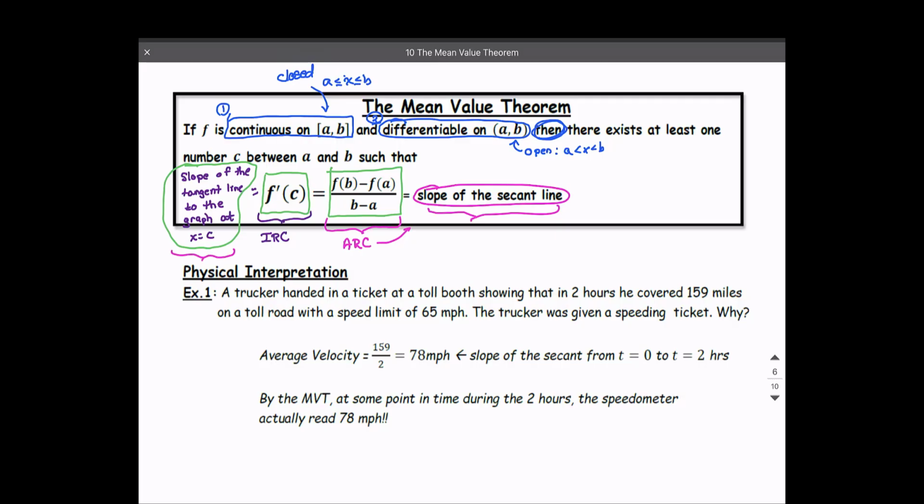But remember, the slope of the secant is an average rate of change, and the slope of the tangent line is the derivative. So the mean value theorem says if f is continuous on the closed interval and differentiable on the open interval from a to b, then there exists a c between a and b such that the derivative of f at c is the average rate of change of f between a and b.